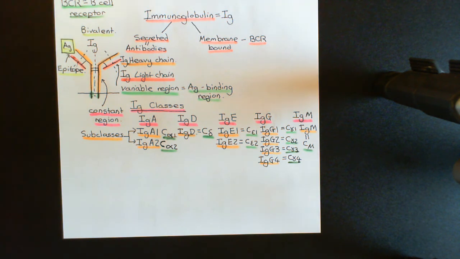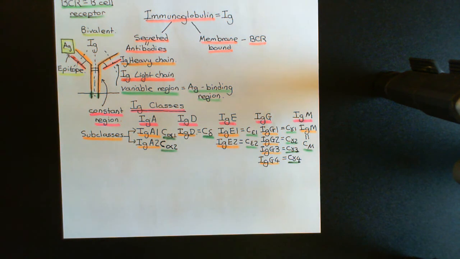Okay, so I hope that is now clear what the different classes of immunoglobulin are. If it's still not clear, don't worry, we will come back to this when we look at the genetics of the immunoglobulin heavy chain, and I hope after you've seen that, then it will be absolutely clear.